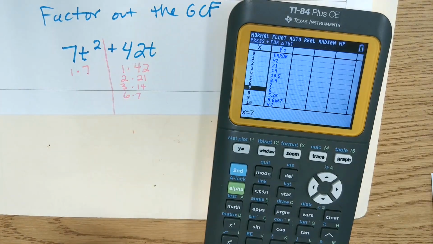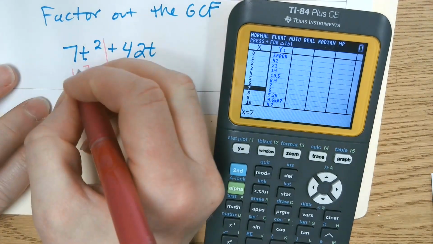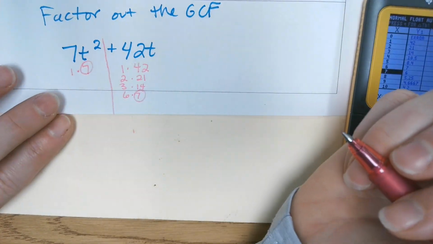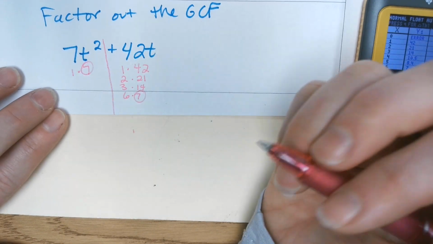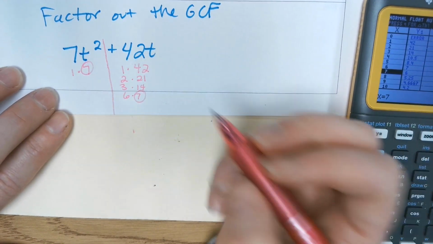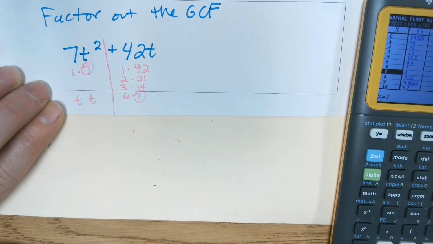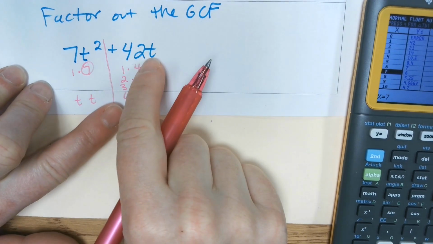What is the GCF? What is the same factor that they both have? 7, so circle it. So 7 is part of our GCF. The next part, you want to look at your t's because they both have t's. They have 2 t's here, so you can write out 2 t's. We're going to expand out the variables. And then this one, we just have 1.